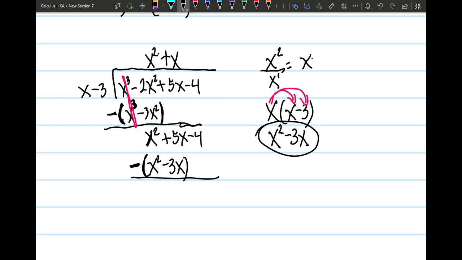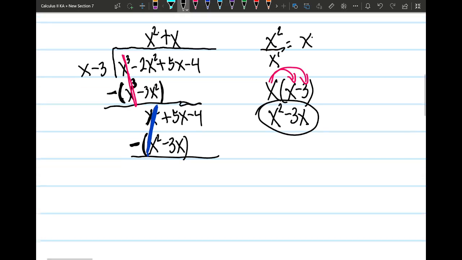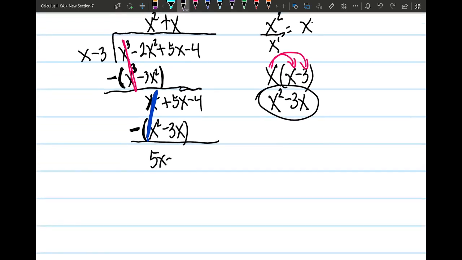Then we would do the same thing, cancel out the x squared. So we're just canceling out every leading term. Then we would do 5x, and we have a minus negative 3x. So 5x minus negative 3x. This is why it's important to put parentheses, because that way we can use that subtraction rule: a minus negative b is really a plus b.